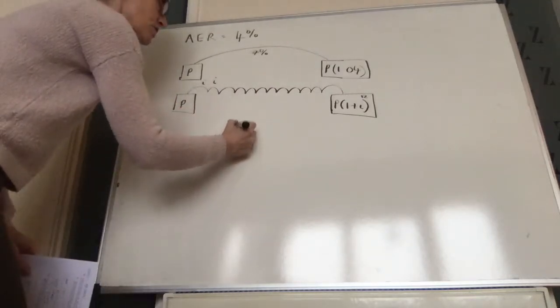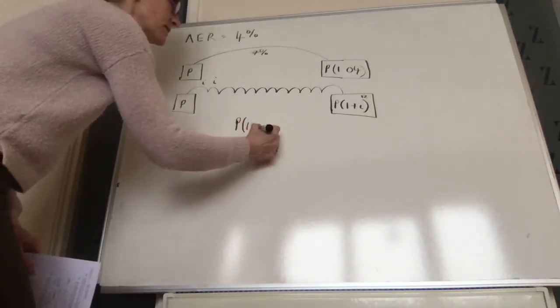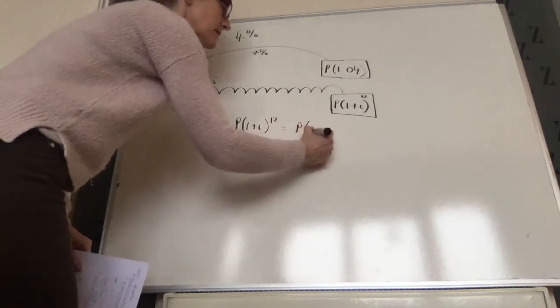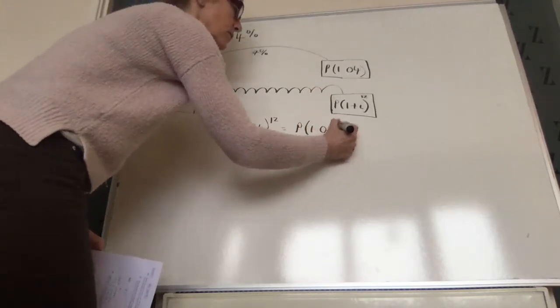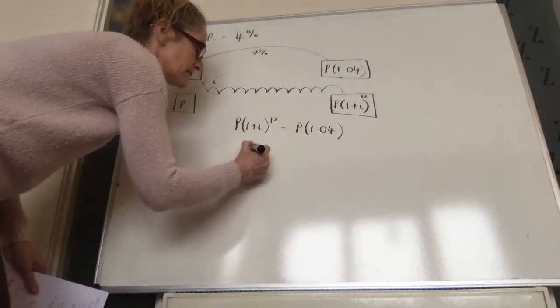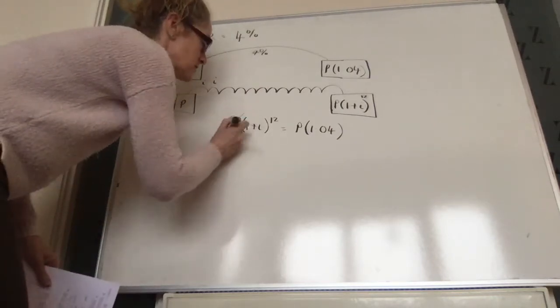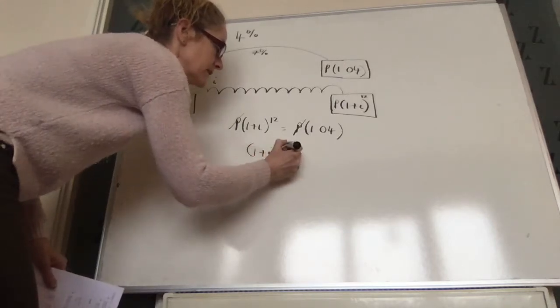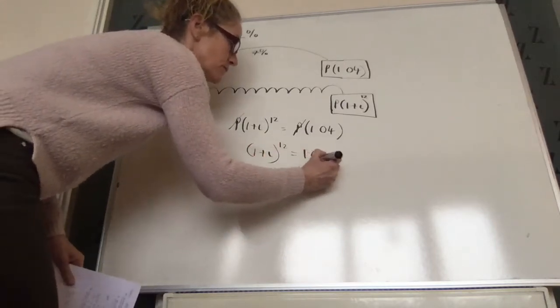So in this situation, we want P times 1 plus I to the power of 12 to be equal to P times 1.04. Actually, we can just divide the two P's out. So 1 plus I to the power of 12 is equal to 1.04.